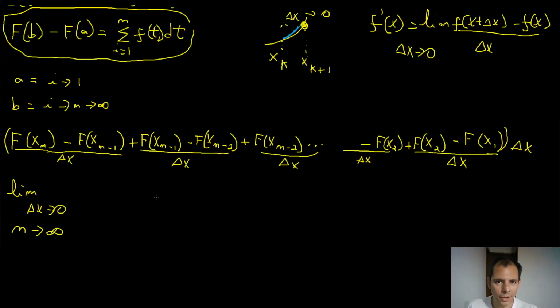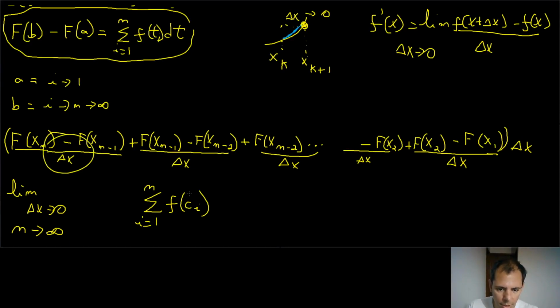So what do you have in here? You have the summation from i equal to 1 all the way to n approaching infinity of f of c_i, and I'm going to show you what the c_i is, times the differentiation.